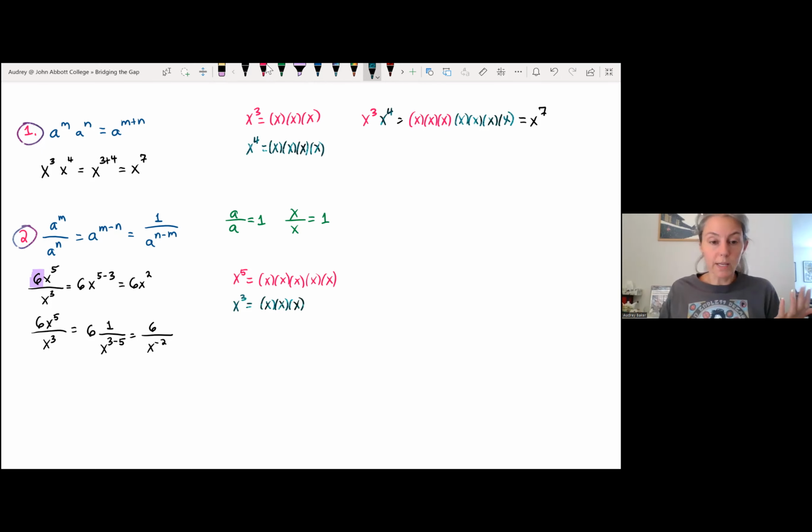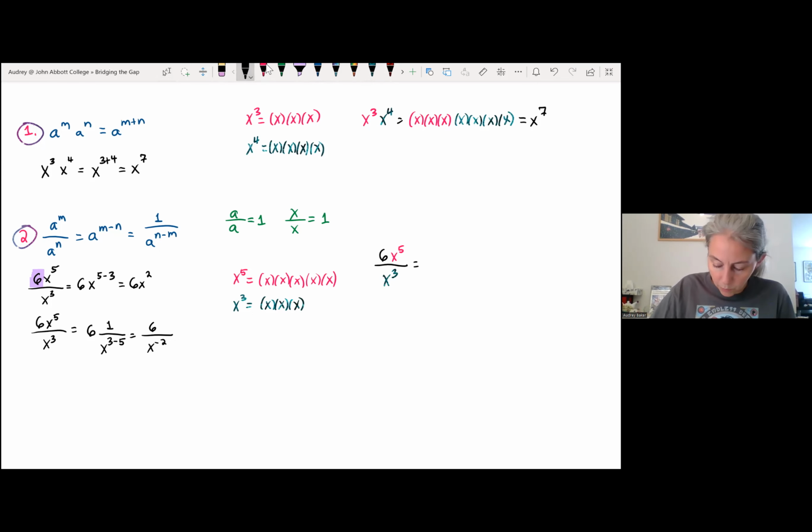So there are kind of two ways to think about this. I have 6x cubed, or I'm sorry, 6x to the 5th. So we've got the 6x to the 5th over x cubed.